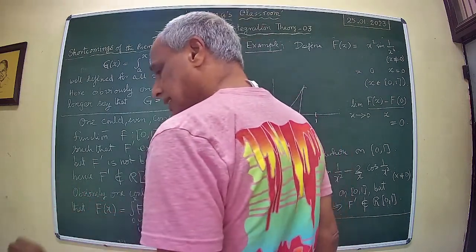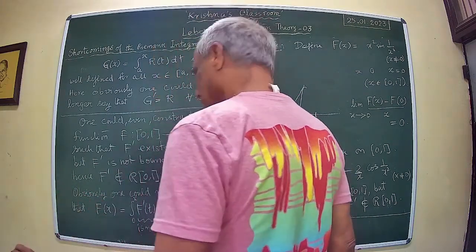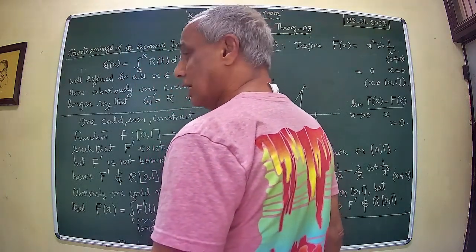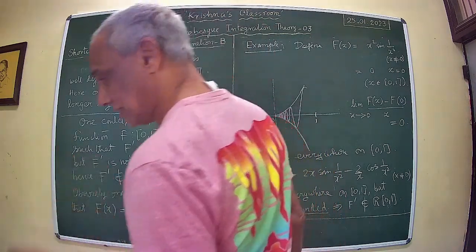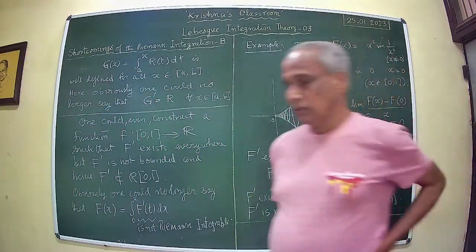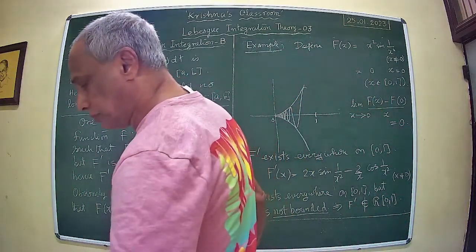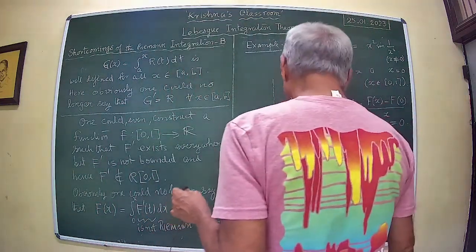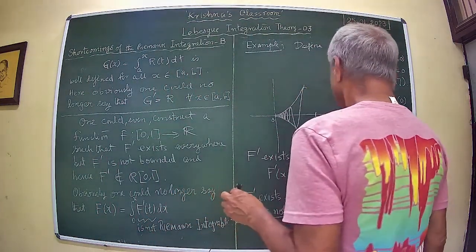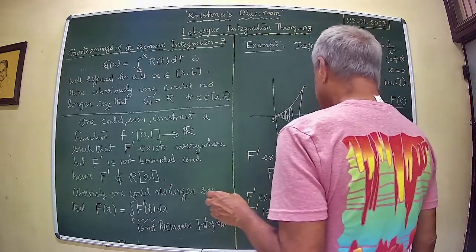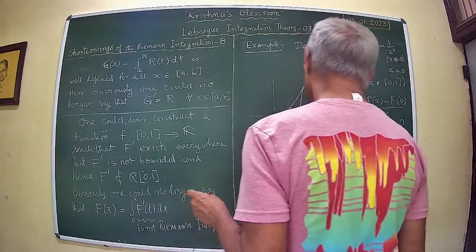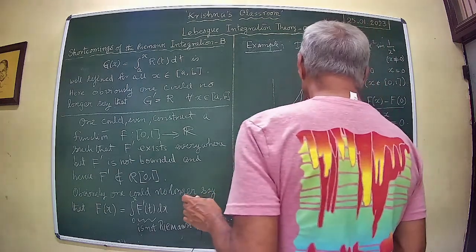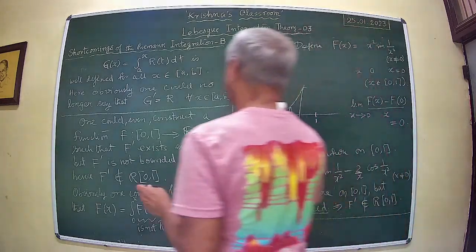But let me just recall it once again, because I can qualitatively explain how such a function is constructed. So what we take up next is the construction of a function which is differentiable everywhere and having a bounded derivative, still it is not Riemann integrable.